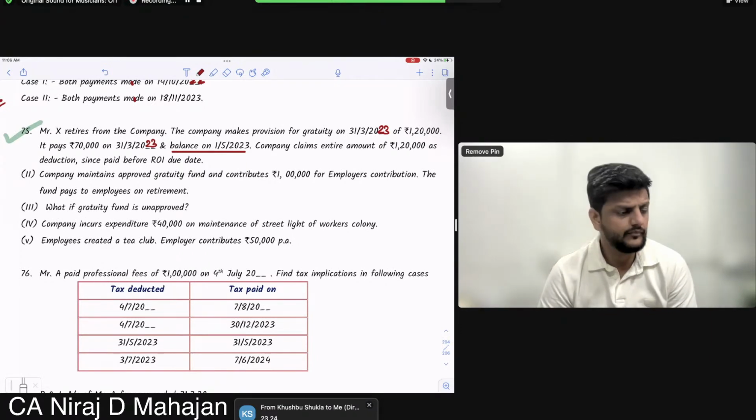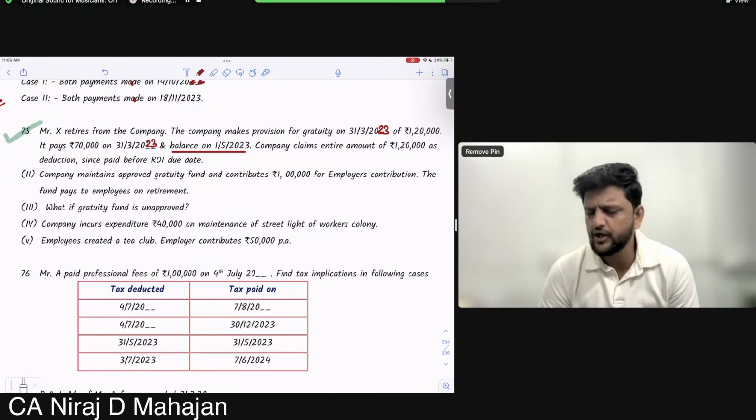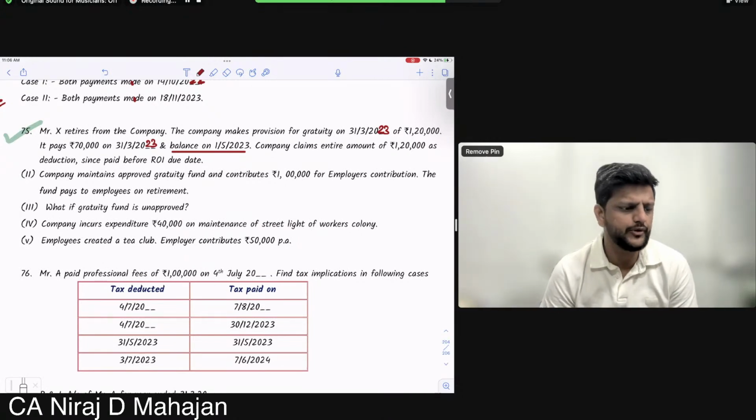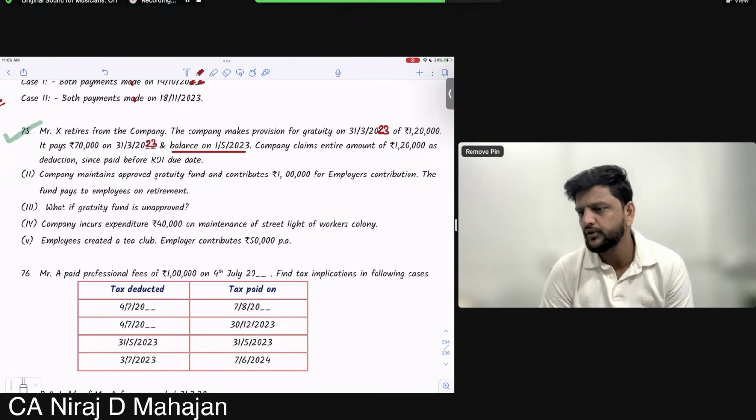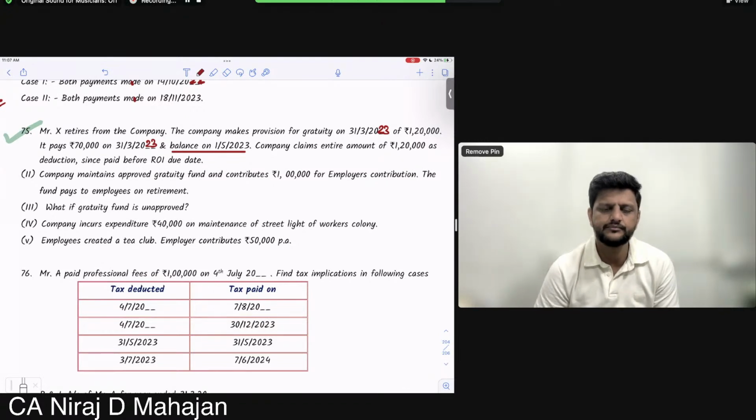Okay? Why? What is the expenditure they are actually talking about? Are they talking about contribution to gratuity fund or are they talking about payment of gratuity to employee? Which case it is? Employee or gratuity fund? Payment, correct. But payment to whom? Gratuity fund or employee?